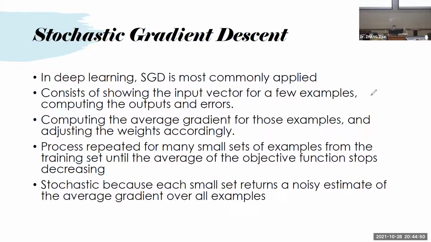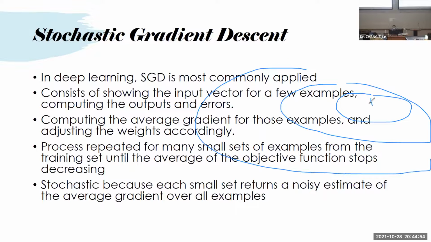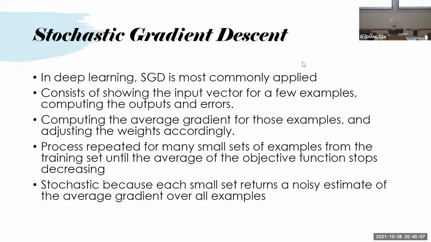So if this is the global optimum, stochastic gradient descent is like fluctuating like this. Due to the fluctuation, you are able to escape from the local minima and move towards the global minima.